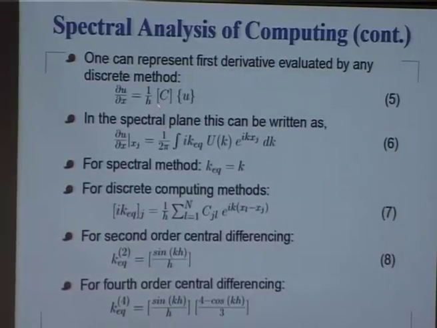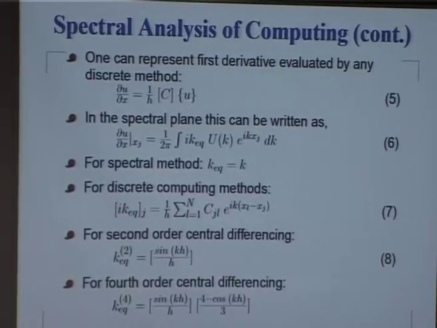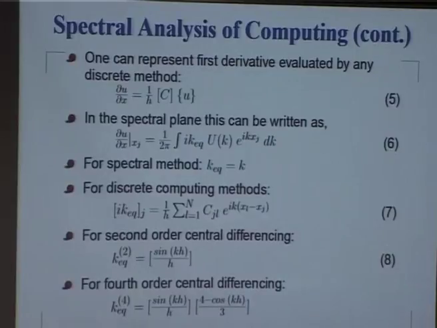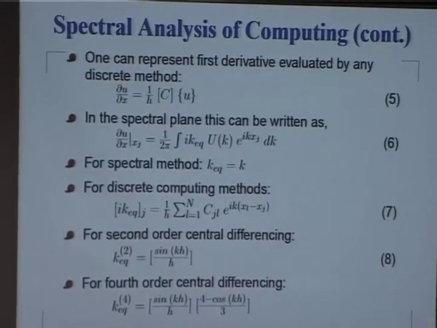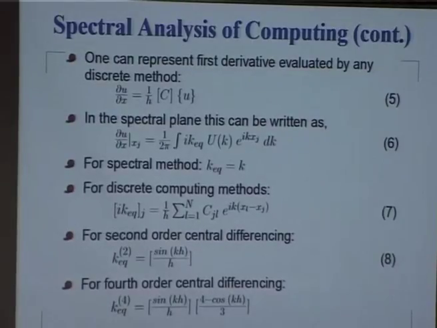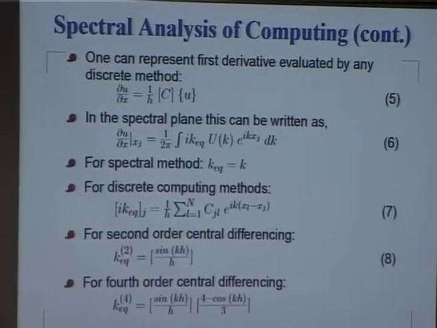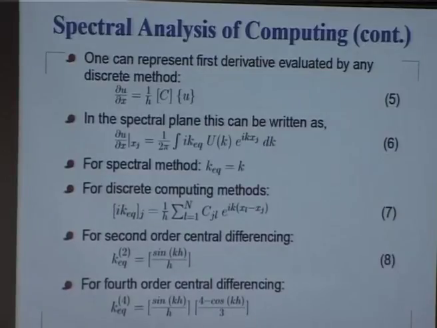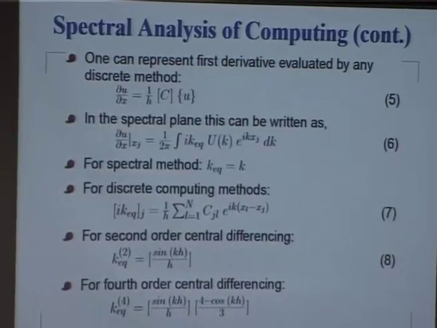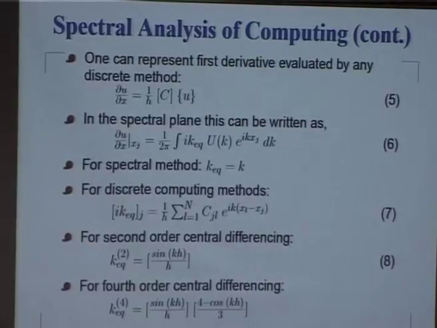Suppose I take a general stencil like this, then I could refer each and every point in the array u_1 to u_n back to u_j. Do you all follow? Okay. Let me spend a little more time here. This is important for us to understand.